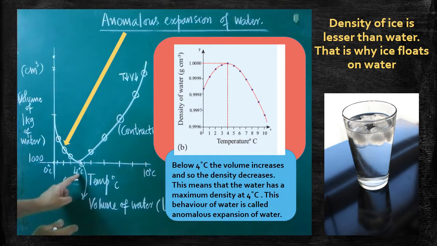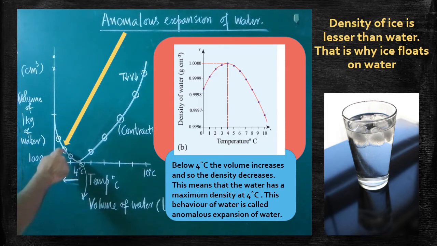So if it is cooled from 4 degrees Celsius to 3 degrees Celsius, instead of contraction, it expands. Therefore, volume increases. If it is further cooled from 3 degrees Celsius to 2 degrees Celsius, still the volume increases. If it is cooled from 2 degrees Celsius to 1 degree Celsius, still the volume becomes greater.